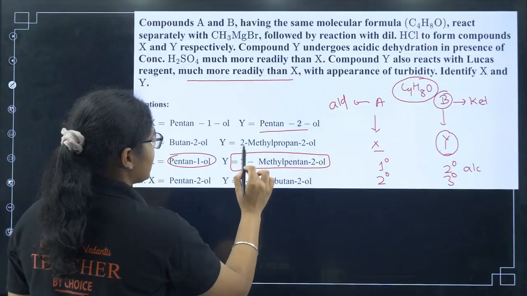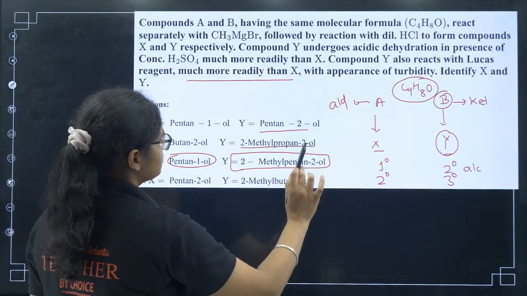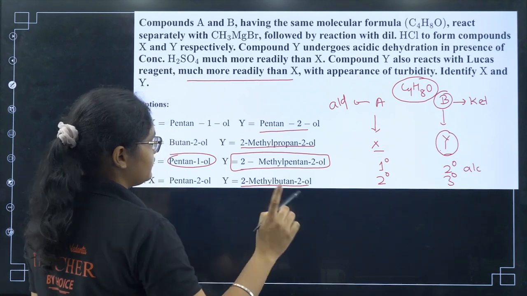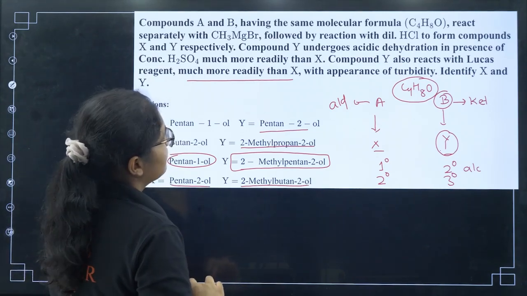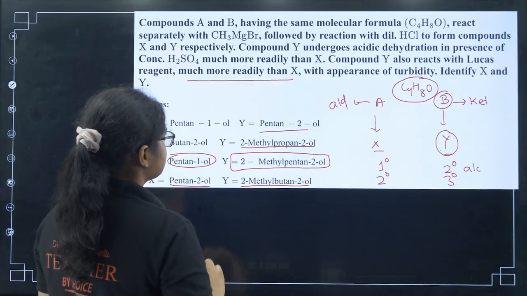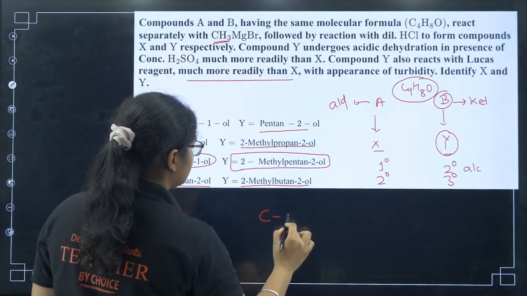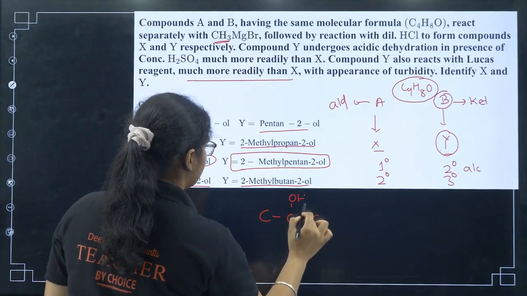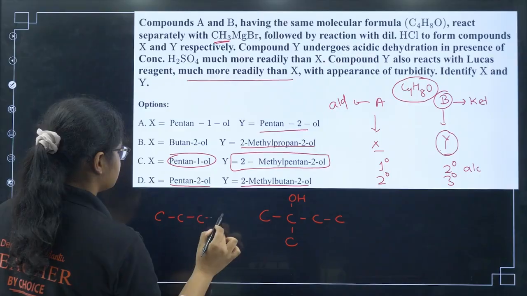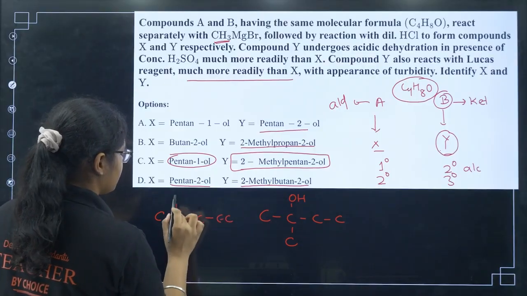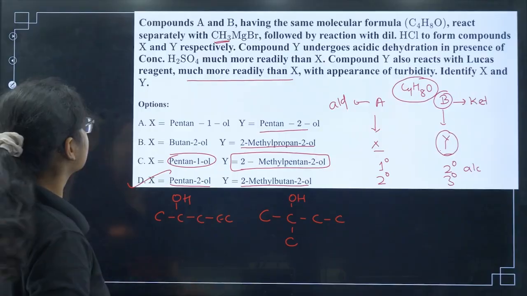This is not 2-methylpropan-2-ol. I should have 5 carbons because we are already adding one C. So 2-methylbutan-2-ol is having 5 carbons and pentan-2-ol is also having 5 carbons. So the correct answer here will be option number D.